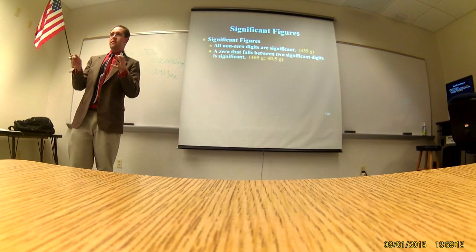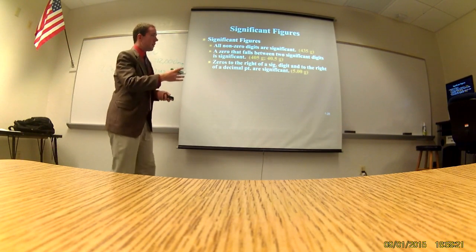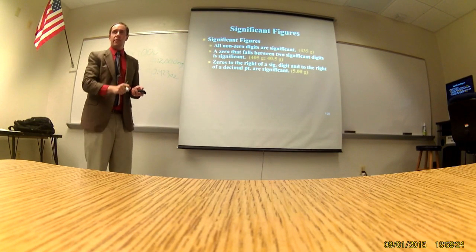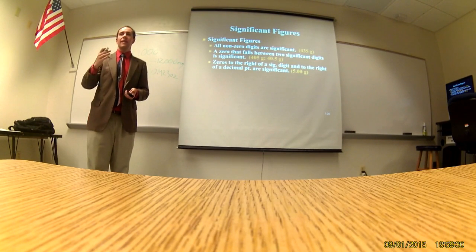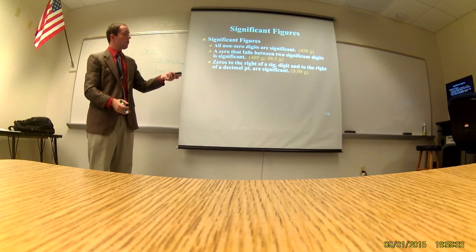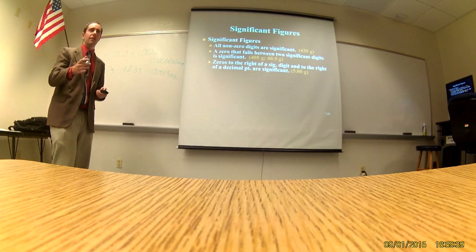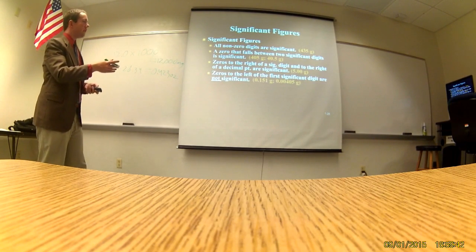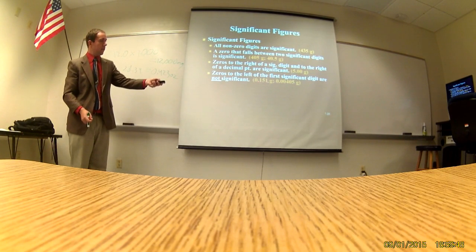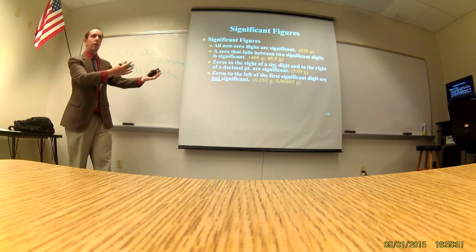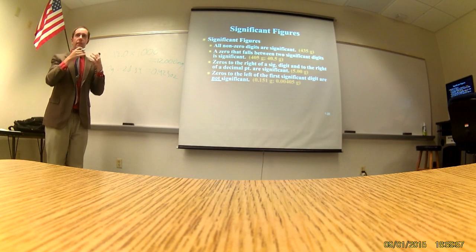It is significant. If you have zeros to the right of a non-zero and to the right of a decimal point, they are significant. So there are 3 significant figures in that number. Both the zeros are significant. If you have a 0 to the left of the first non-zero, like that 0 and these 3 zeros, they're all to the left of the first non-zero. Those are not significant.